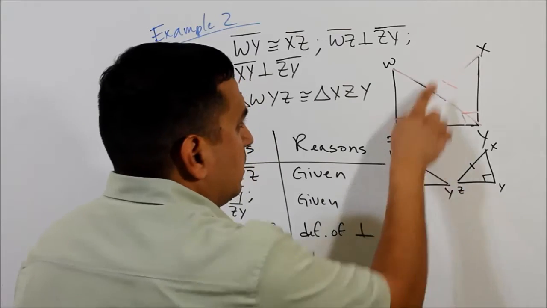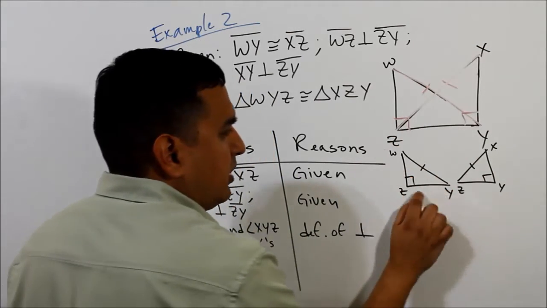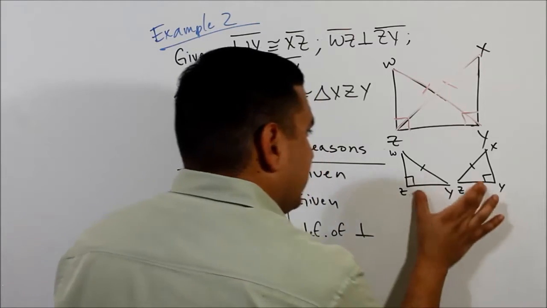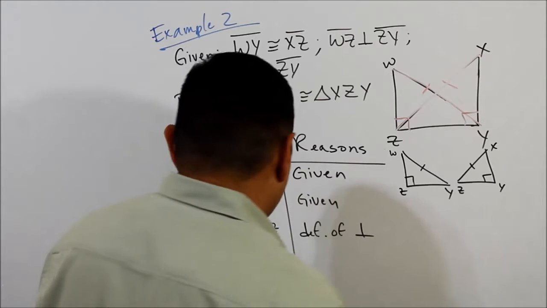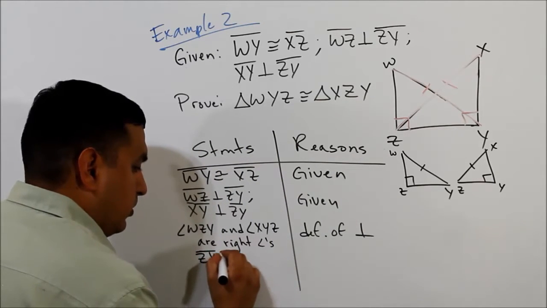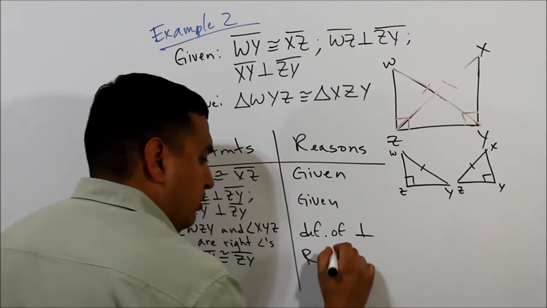Now if I look at this shape, I notice that they overlap and they share this segment ZY on both triangles. So because they have that same segment, I'm going to use my reflexive property to say segment ZY is congruent to itself. Remember that that's called the reflexive property.